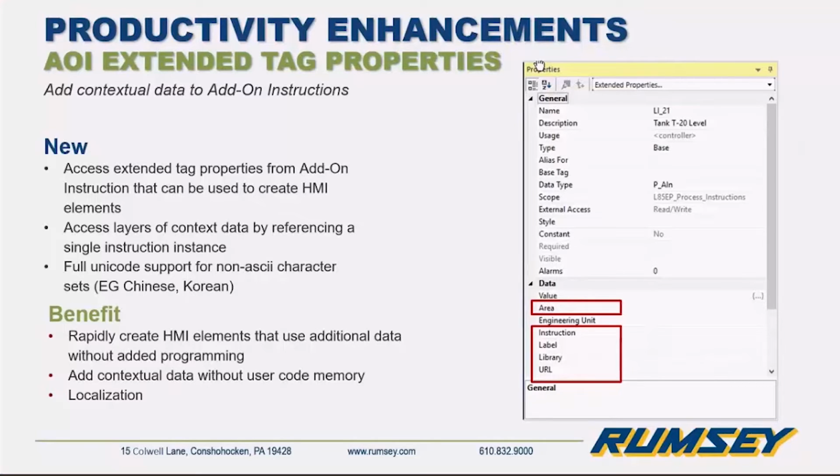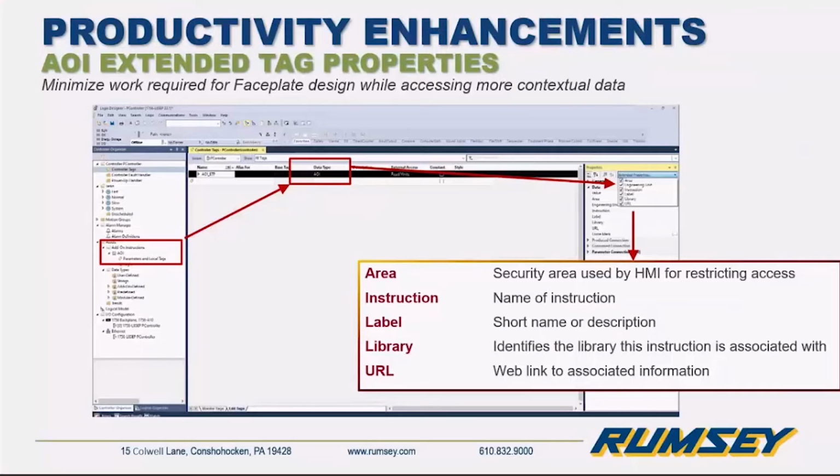So faceplates, as you can see, some of the examples are the area, and that would be the security area in FactoryTalk View if you're used to it. So again, this is one place for defining all this, instruction labels, definitions. Makes it a little easier for language switching, because again, everything's done in one place, and this kind of consolidates it. And this is just an example of where you look at it and where you would see that in use when you're going to set this up.